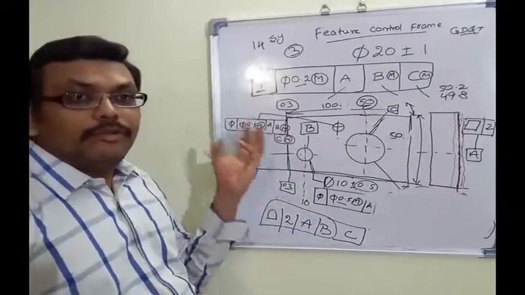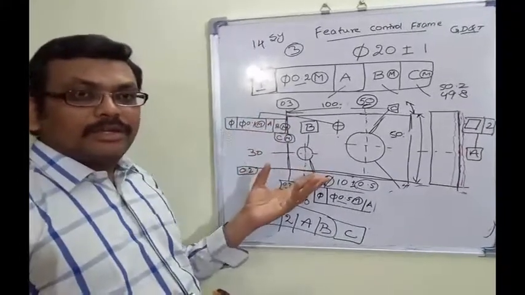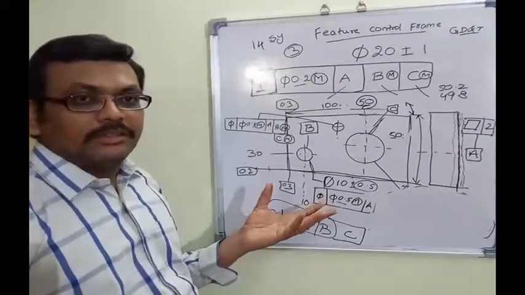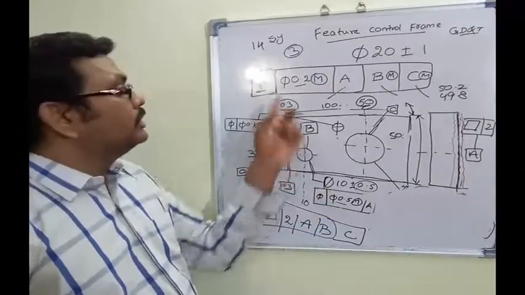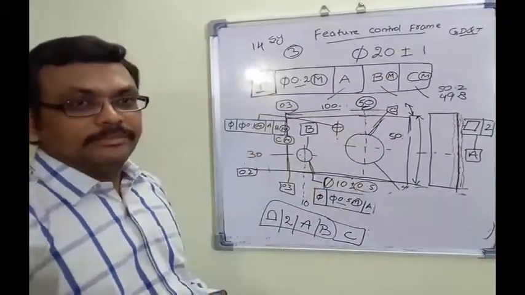To control the form, orientation, runout, and location, we use this feature control frame differently.